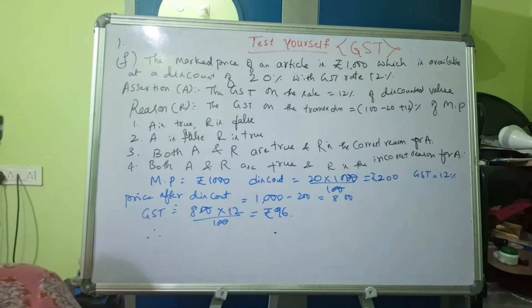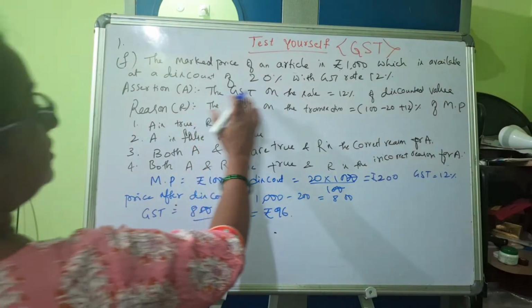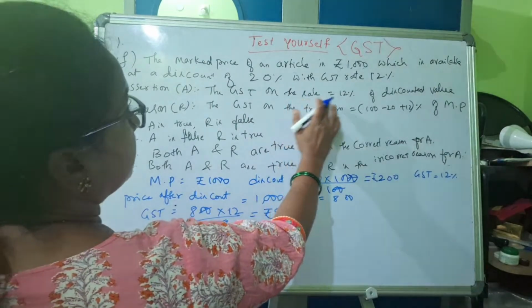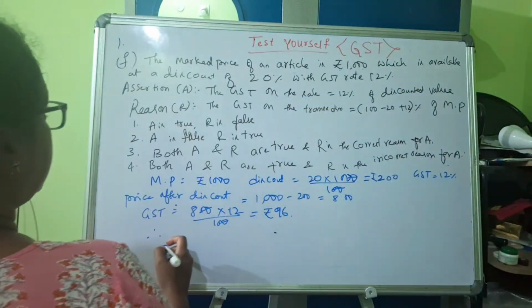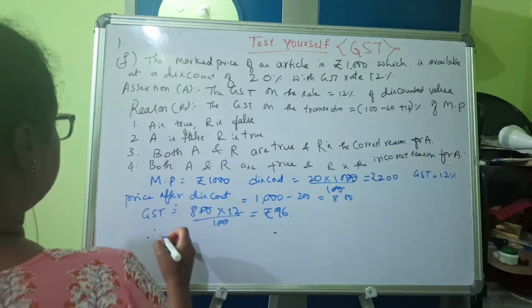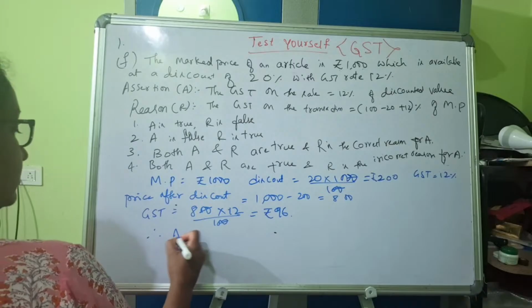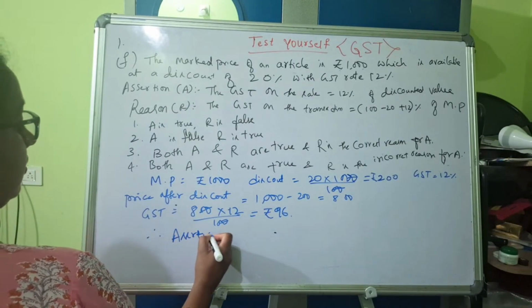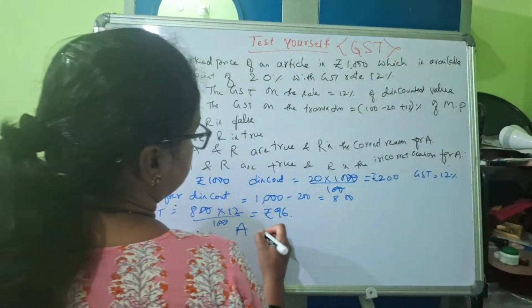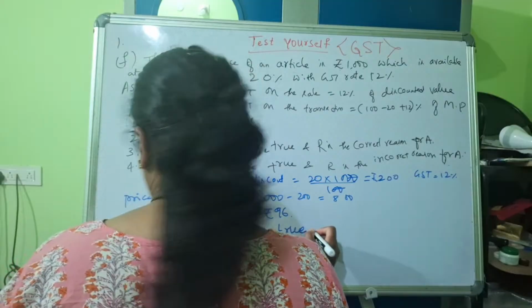Therefore, the GST on the sale is equal to 12% of the discounted value. So here the assertion is right. Therefore, assertion A is true.